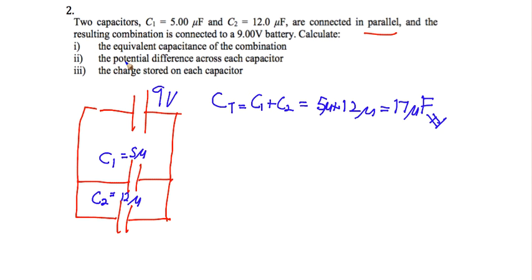And number 2 is the potential difference across each capacitor. Because C1 is connected to the 9 volt, and C2 is also connected to the 9 volt, the potential across capacitor V1 is equal to the potential across V2, because they are in parallel, and is equal to the potential provided by the battery, 9 volt.